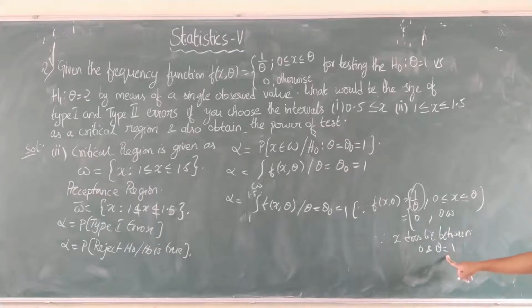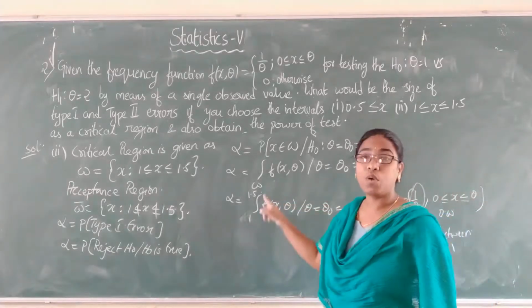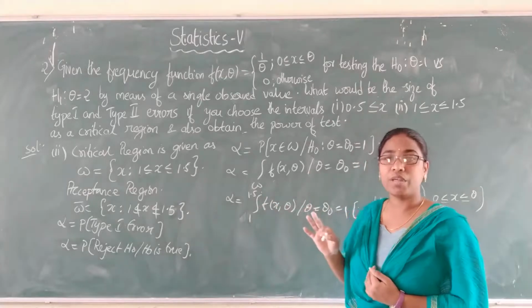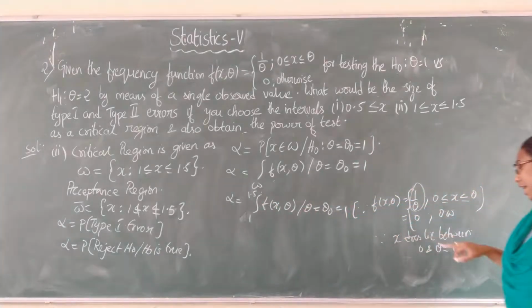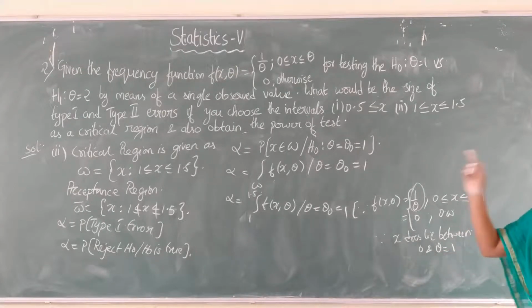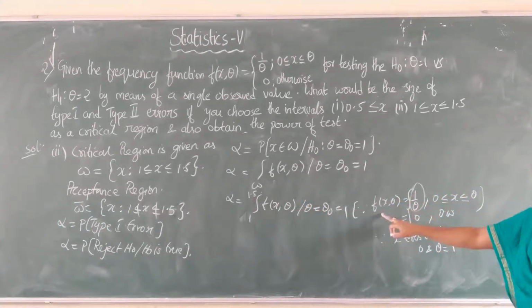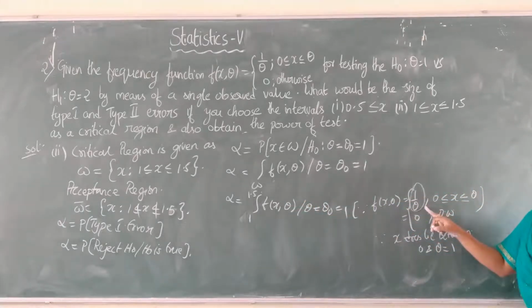Since here theta equals to 1, x does not lie between 0 to 1. Here x values are from 1 to 1.5. 1.5 means obviously it is greater than 1, right? So your x value should lie only in between 0 to 1, but here limit is 1.5. So we cannot consider the f of x value as 1 by theta.